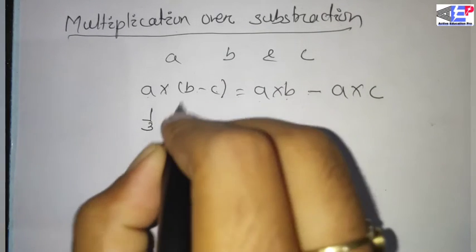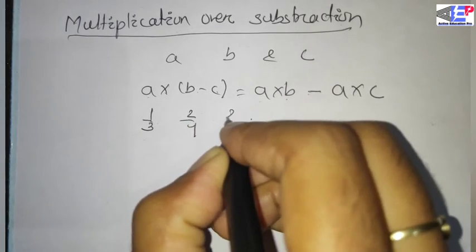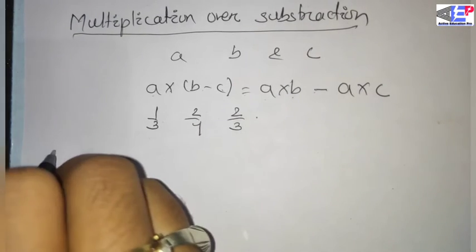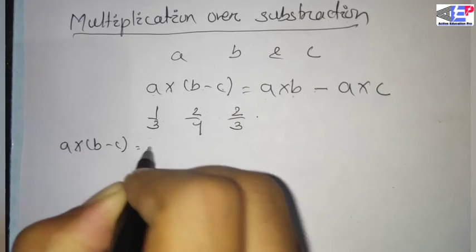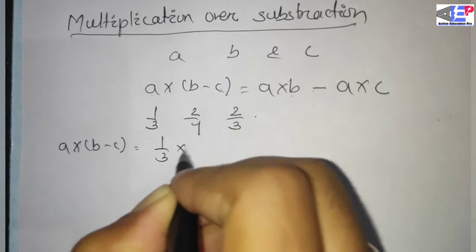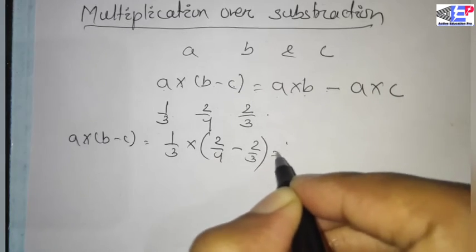A is 1 by 3, B is 2 by 4 and C is 2 by 3. First check the left side, A cross (B minus C): 1 by 3 cross (2 by 4 minus 2 by 3).